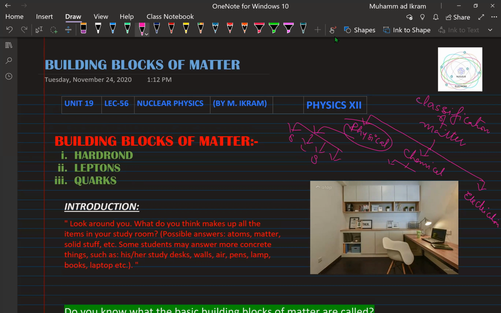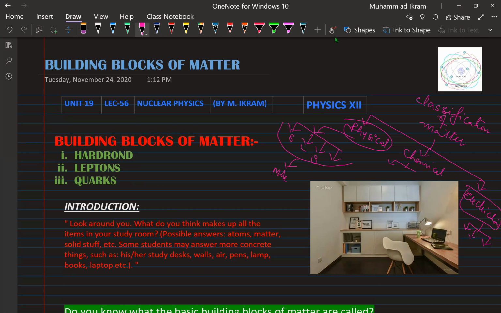And on the electrical classification, I told that we have metals, non-metals, metalloids or semiconductors, insulators, and conductors, right? And then I told that whatsoever they are, every substance is made up of molecules.